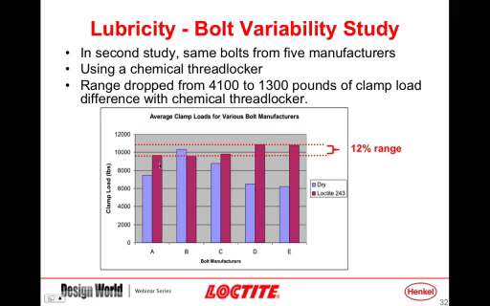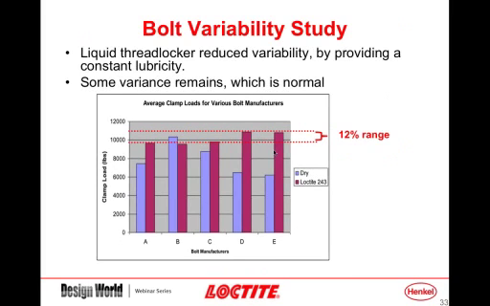In this case, the liquid thread locker is actually acting a bit as a lubricant, and it is giving a more consistent amount of end clamp load, which is what you're paying for the fastener for. So it's giving less scatter, more consistency, and again, more reliability in this test. Okay, so in this case, it's strictly generating the clamp force that we're evaluating. Obviously you still get a little bit of scatter, but the main thing is it's a tighter grouping.